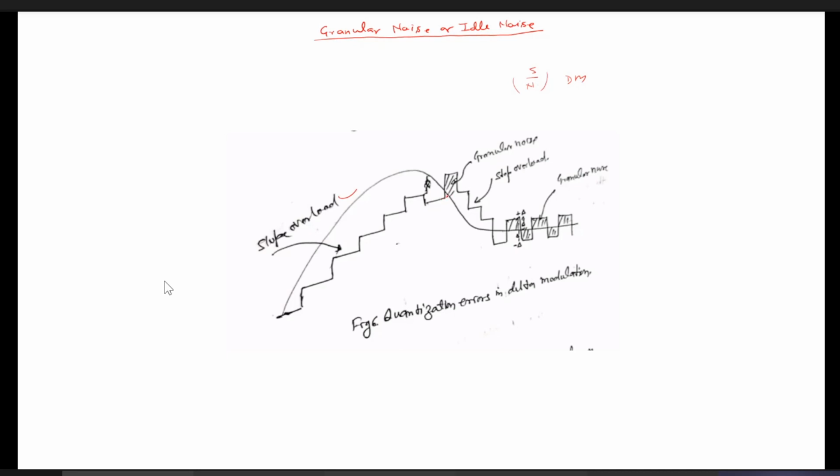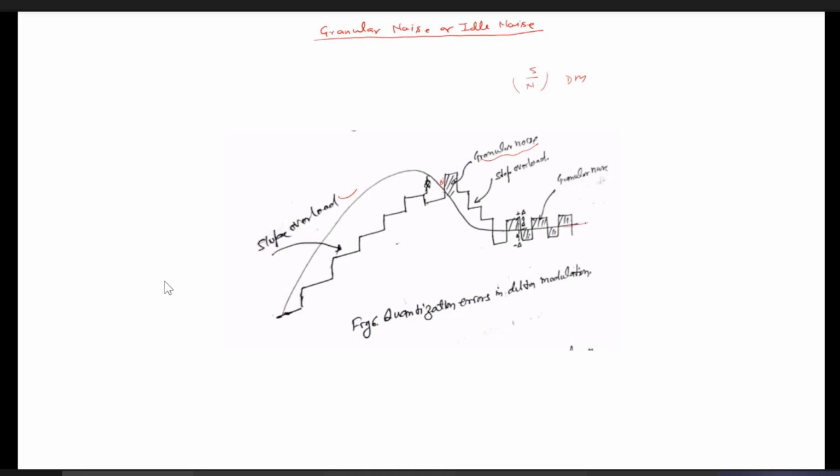So ultimately it will jump by the step size delta. Because of that step size delta, the error becomes large and it generates noise.